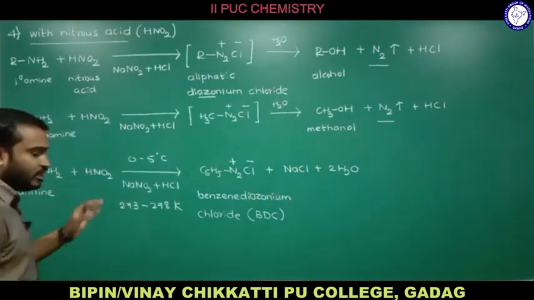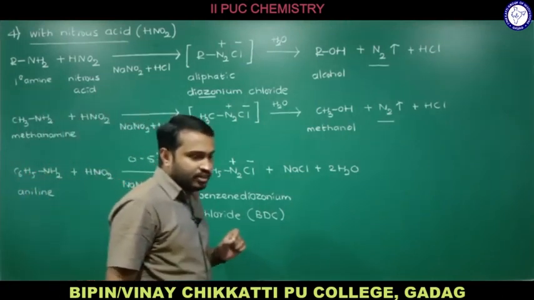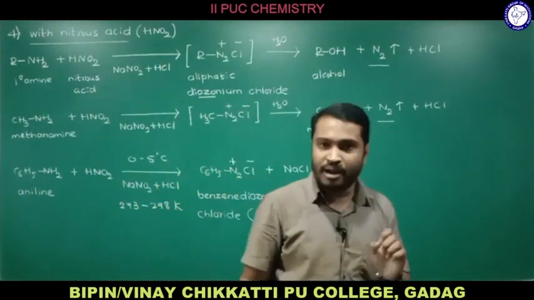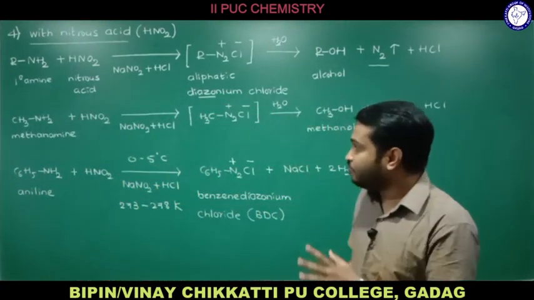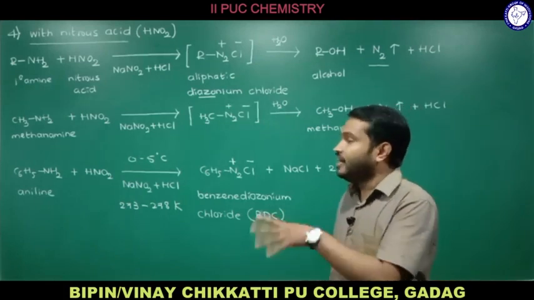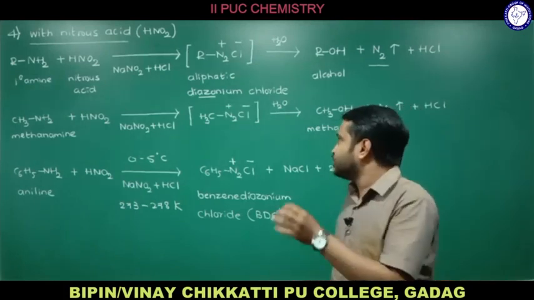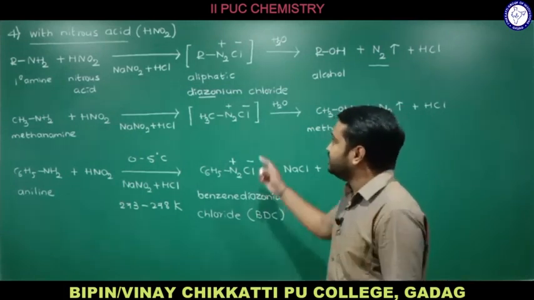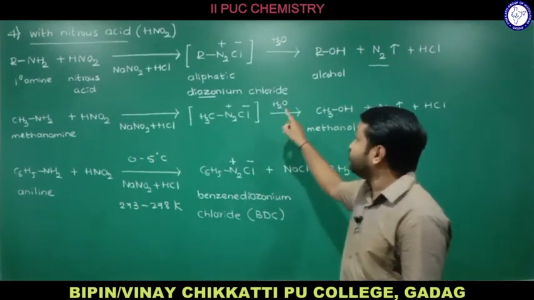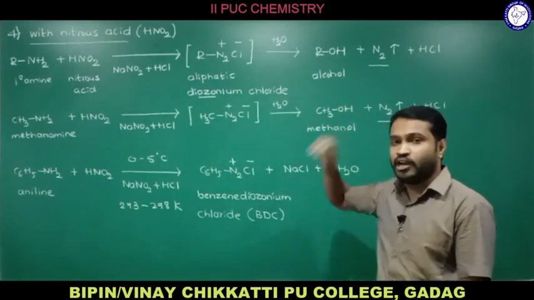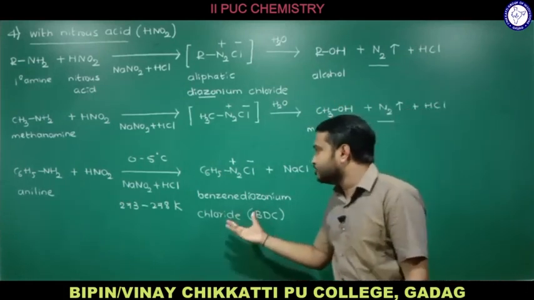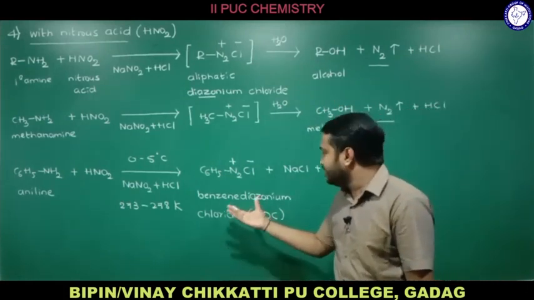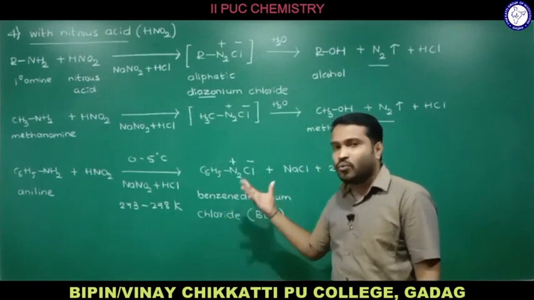So since it is stable, we get benzene diazonium chloride only. In general, aliphatic primary amines and aromatic primary amines react with nitrous acid and you get the respective diazonium chlorides. Whereas in the case of aliphatic amines, the diazonium salt is highly unstable and after hydrolysis you get the respective alcohols. Benzene diazonium chloride, or arene diazonium chloride, is quite stable.